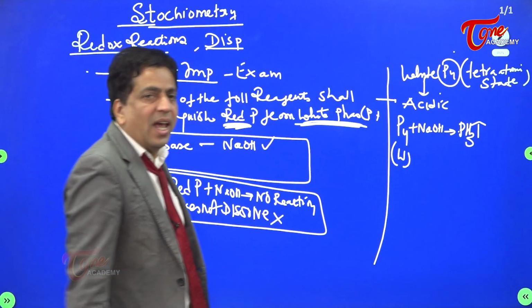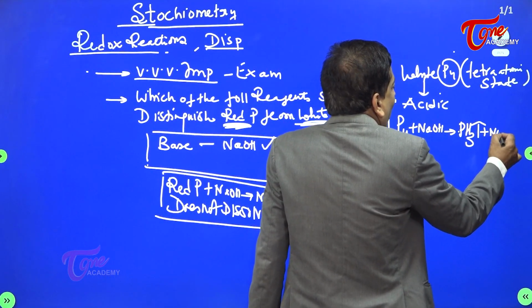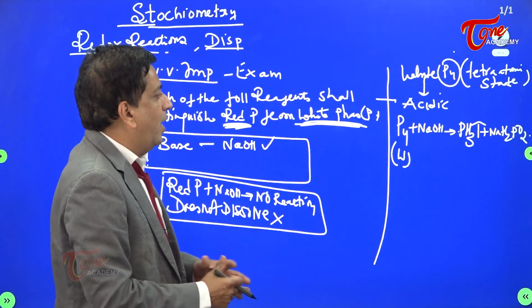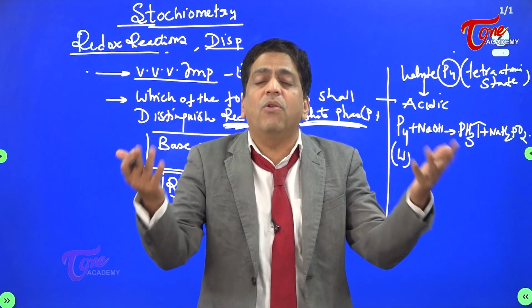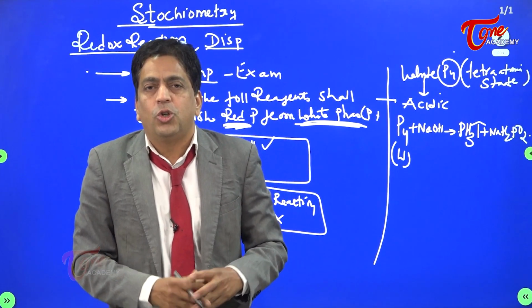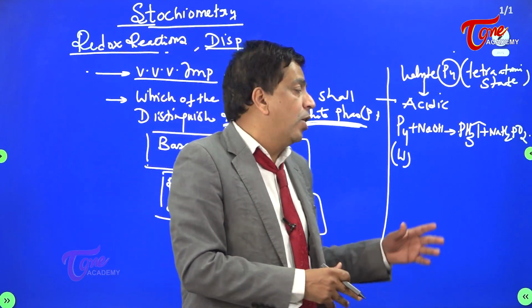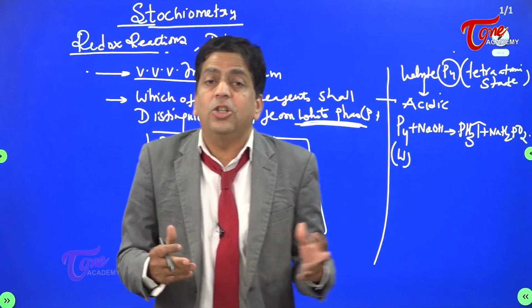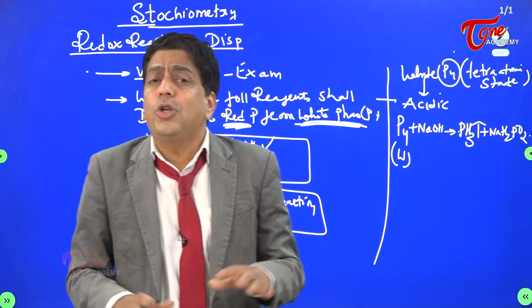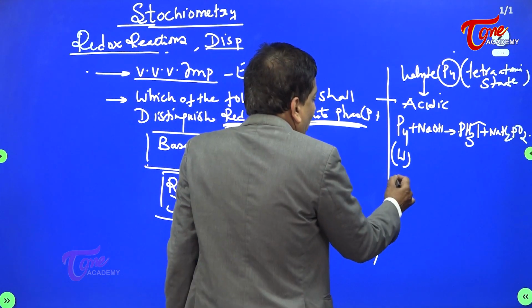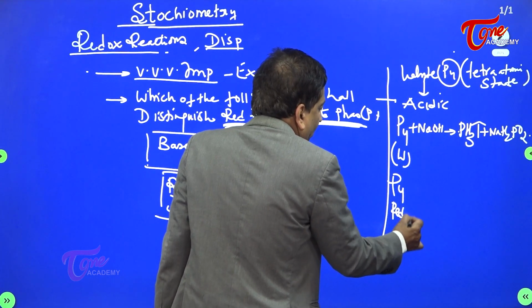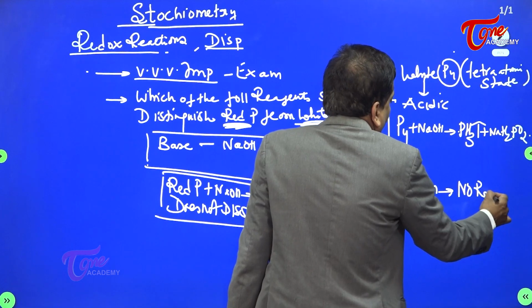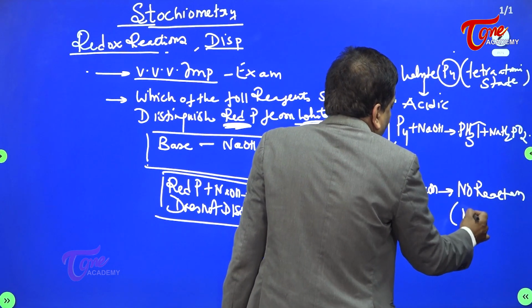You get that phosphine gas, and you're supposed to get NaH2PO2, sodium dihydrogen hypophosphite, right? It's a salt of hypophosphorus acid. So it's the same reaction if it is P4 red. If you take NaOH, then you get absolutely no reaction. No reaction meaning no dissolution.